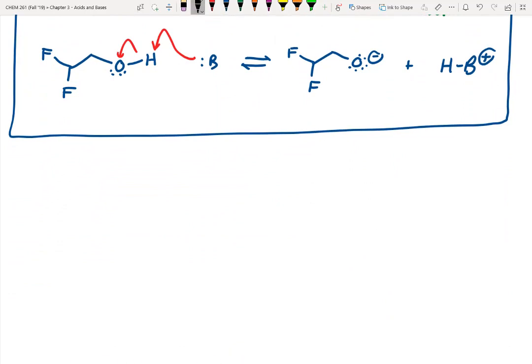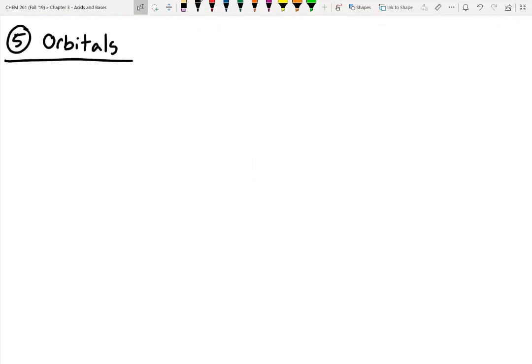Last but not least, we've got orbitals. All right. We've talked a lot about orbitals, but let's do a comparison between the following.